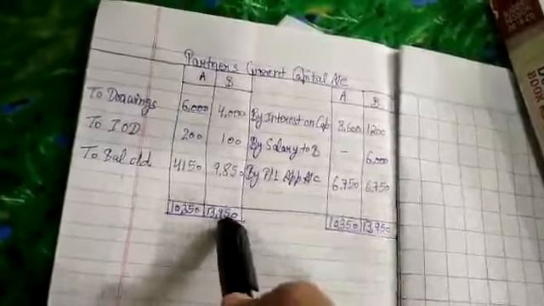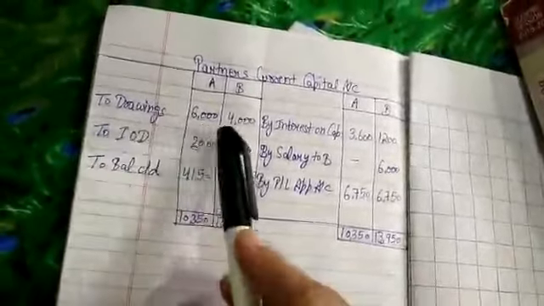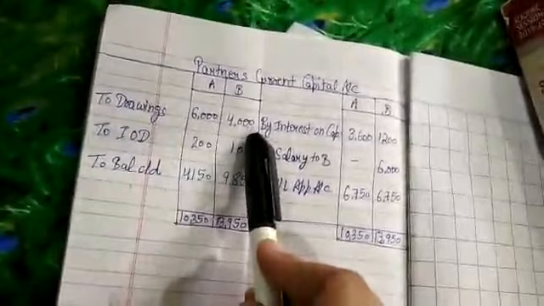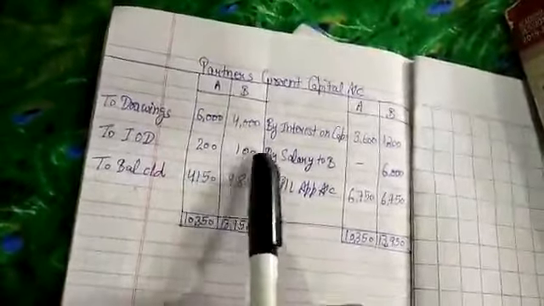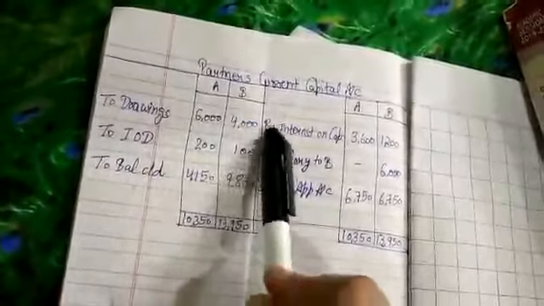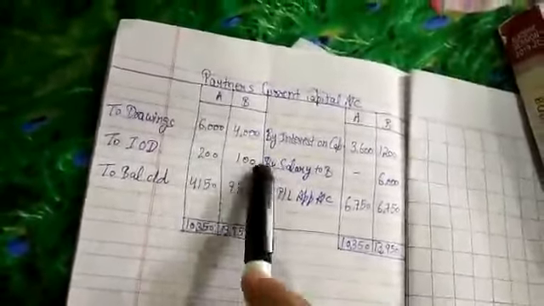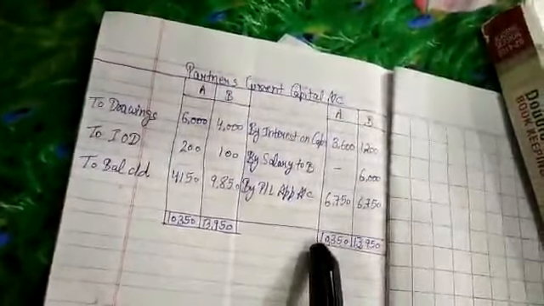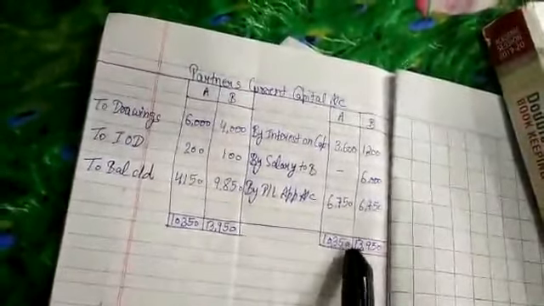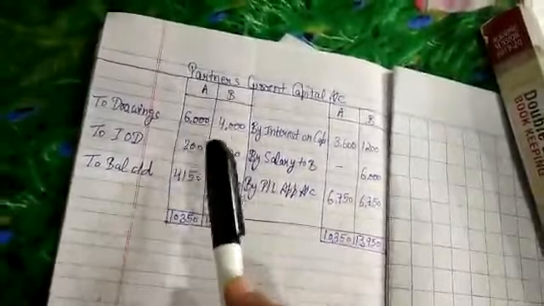Next, any expense? Yes, there are drawings. Drawings how much? 6,000 and 4,000 are the drawings for the partners, and their interest on drawings is 200 and 100. These amounts are specifically given in the question. We will just write them down, and now add this side. The total will be 10,350 minus 6,200.